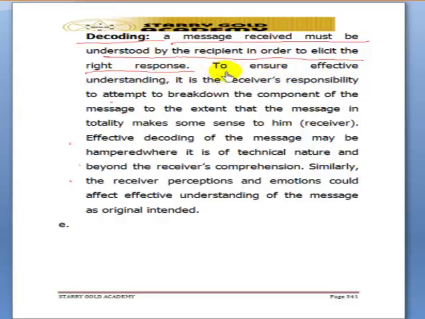So if the message is not understood, definitely there is what we call a barrier. It has to be understood.